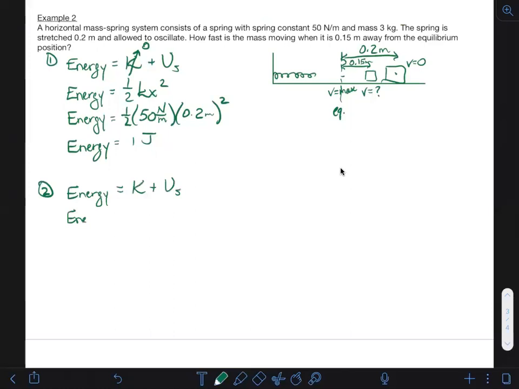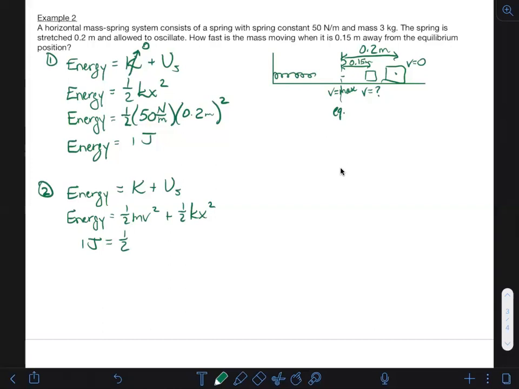The equation for kinetic energy is 1/2 mv squared. The equation for spring potential energy is 1/2 kx squared. Let's see if I can fill in all of my numbers and solve for my V. The mass is 3 kilograms.